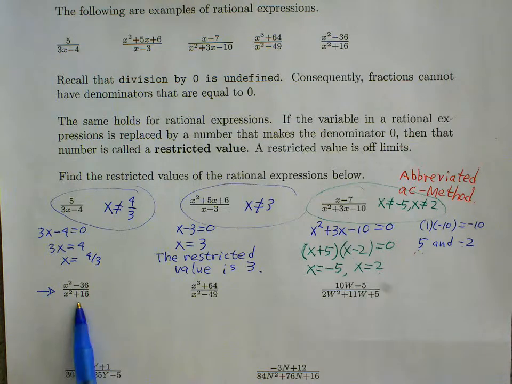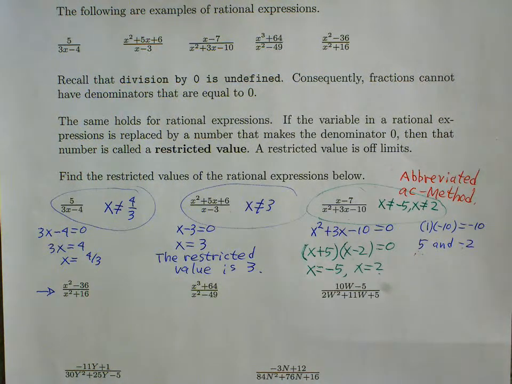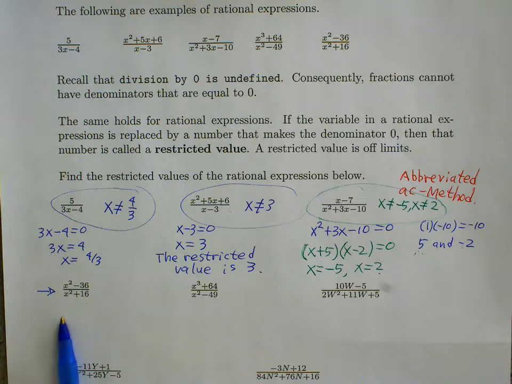And 16 plus 16 is 32. So -4 is not restricted. In other words, if you replace x with -4, the denominator does not become 0.